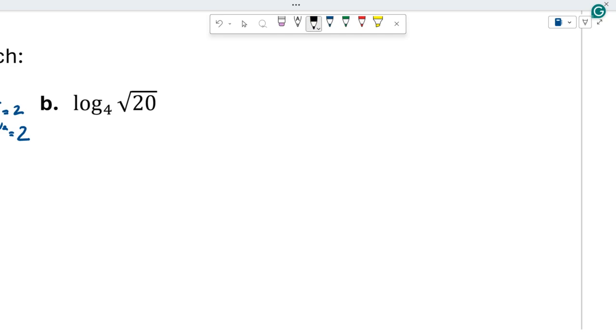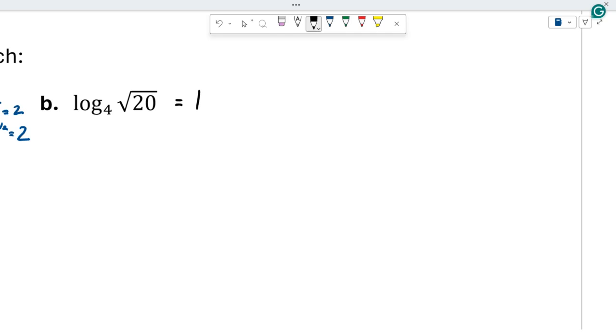The problem is, even if you simplify the square root, you're still going to have a square root because 20 is not a square number. So instead of futzing around with the square root, I'm going to set up this question so that we can apply the power rule for logarithms.